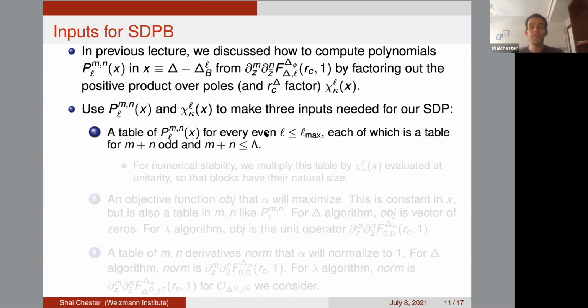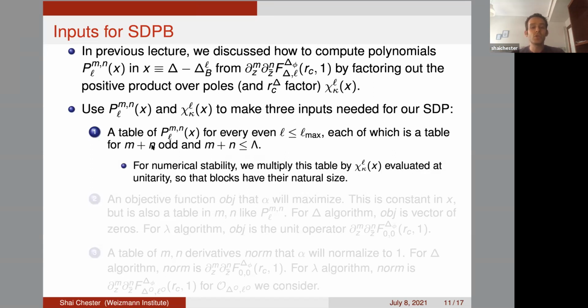So we have a table, one for every even spin up to some spin max, each of which is a table of z and z bar derivatives such that m plus n is odd and m plus n is less than or equal to big Lambda, where the fact that it has to be odd just has to do with how this function is constructed. So if it was even, it would just be 0.